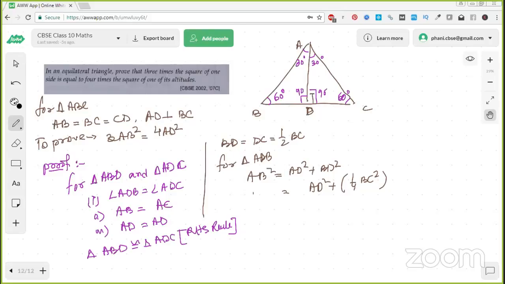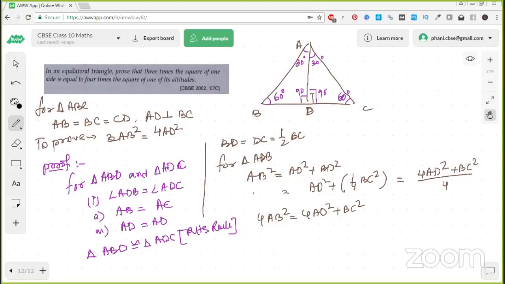So it gives you 4 times AD square plus BC square by 4. So if you cross multiply, 4 AB square equals 4 AD square plus BC square.